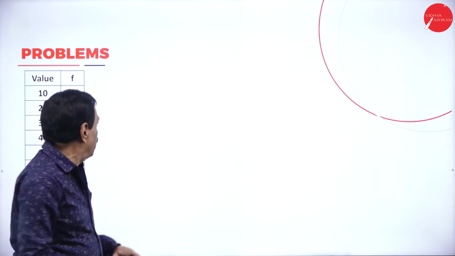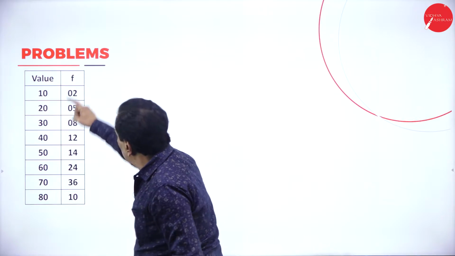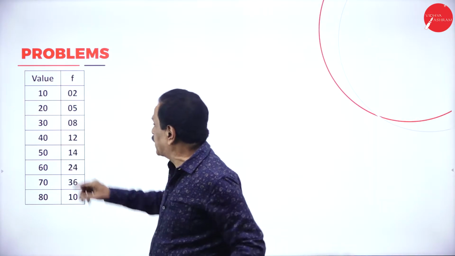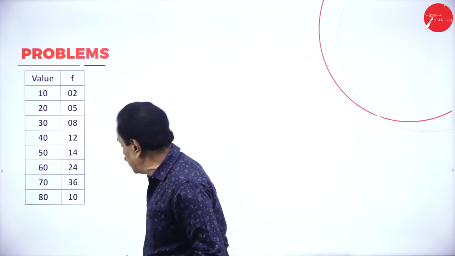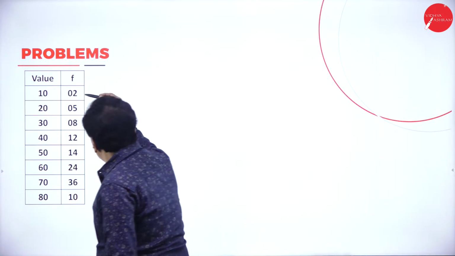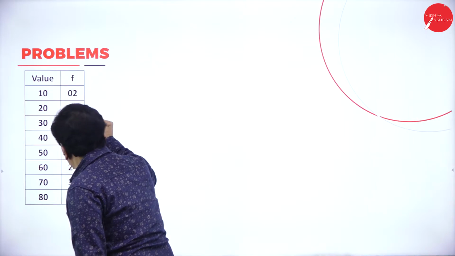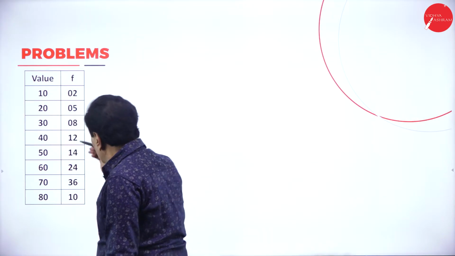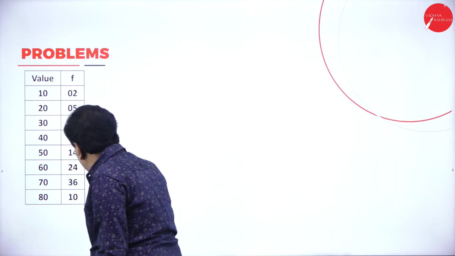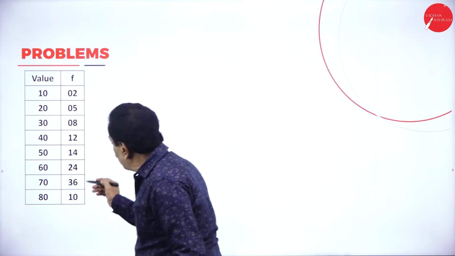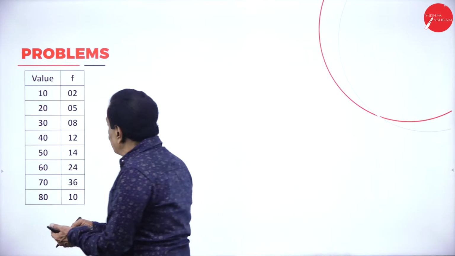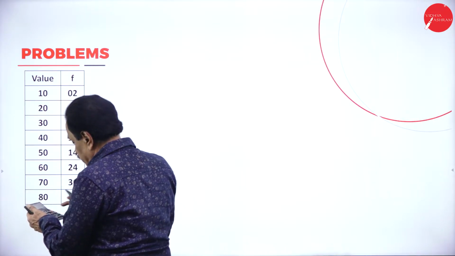We'll go with an example. Here the values are given 10, 20, 30, 40. The frequencies are given. Add the frequency. 2 plus 5 is 7, 7 plus 8 is 15, 15 plus 12 is 27, 27 plus 14 is 41, add 24, add 36, add 10. If we go 1 by 1, the first number is 2.